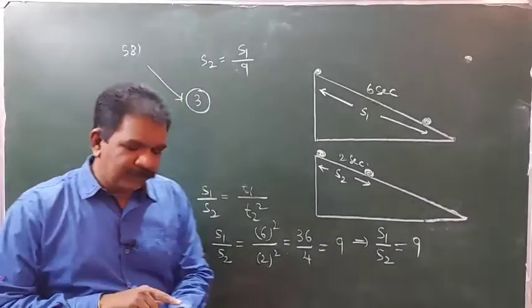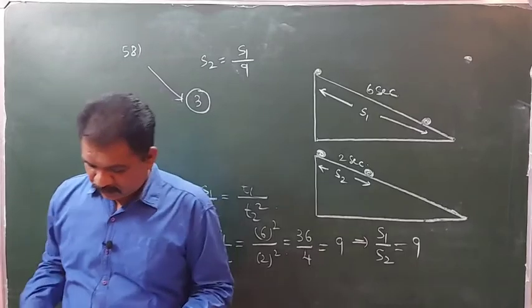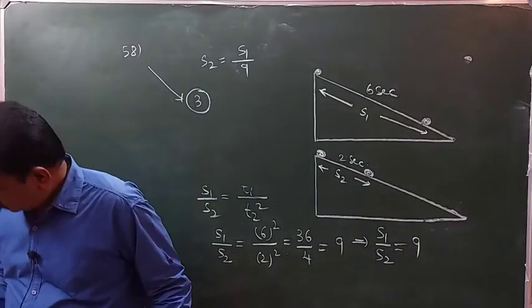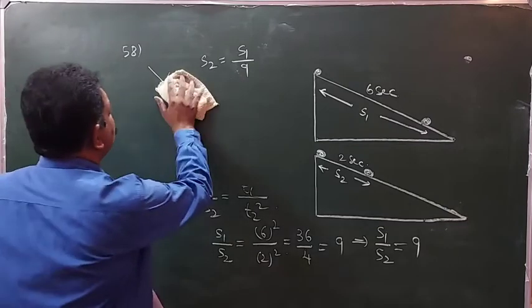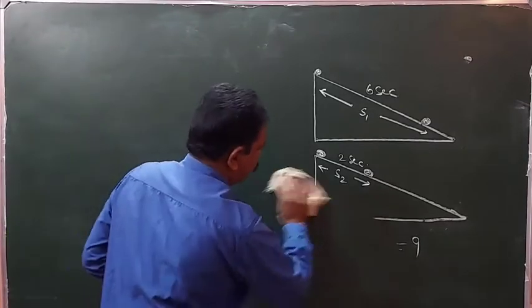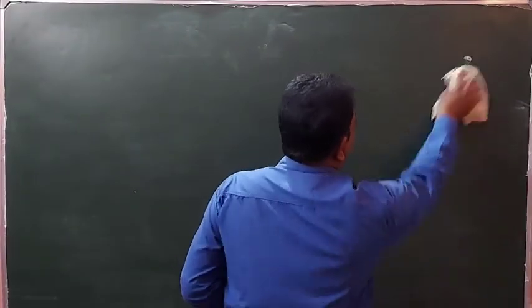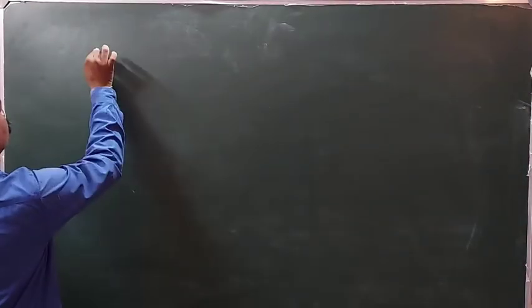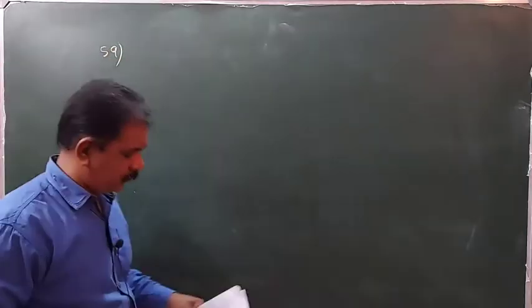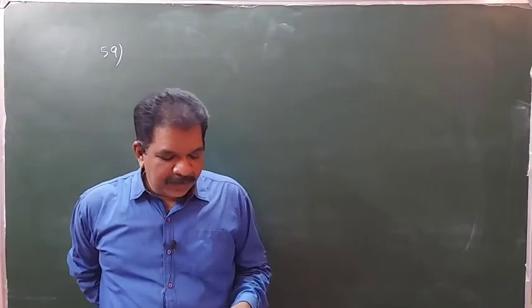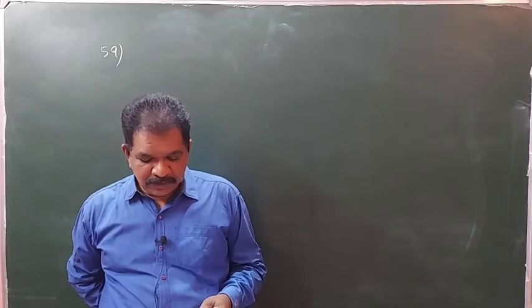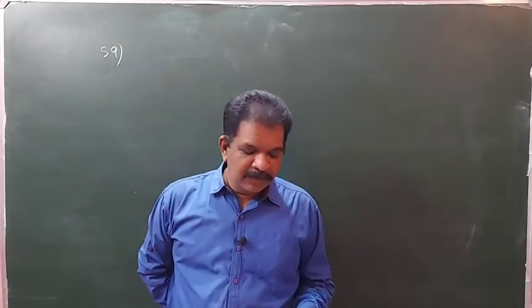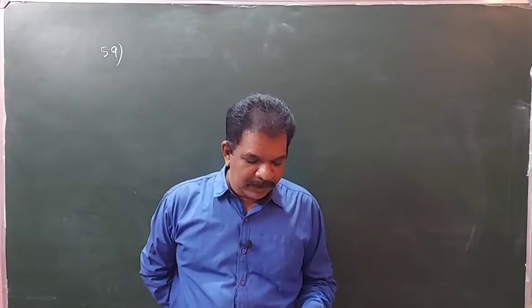Question number 59, you see. What they are asking, see. A racing car starts from rest at t is equal to 0 and reaches a final speed v at time t.